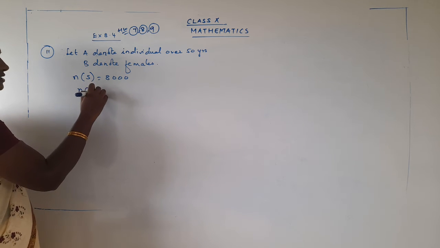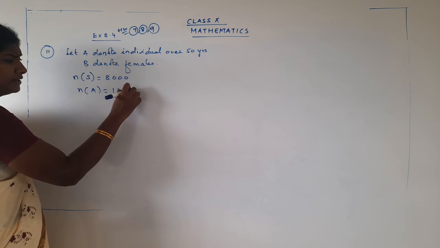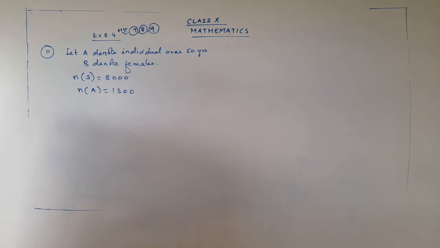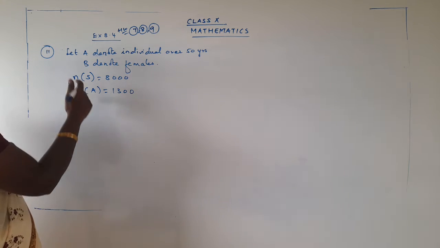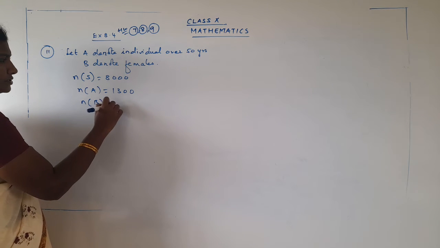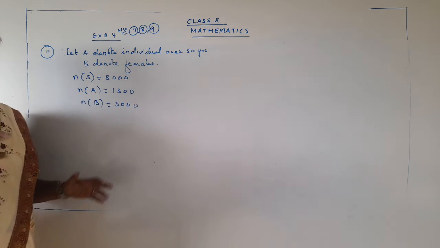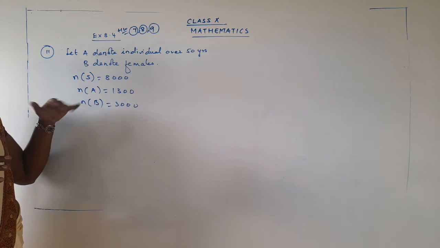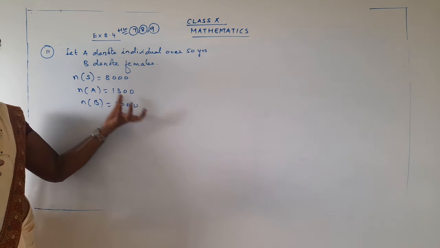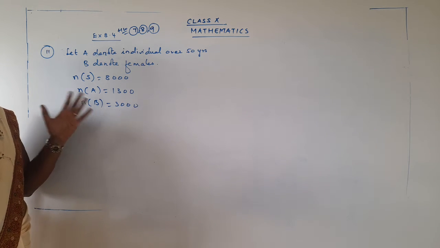N of A is equal to 1,300 over 50 years. 3,000 are females. How many females are there? 3,000. So N of B is equal to 3,000. So I know the total population of the town, that is N of S is 8,000. I know how many are above 50 years, that is 1,300. And how many are females, that is 3,000.